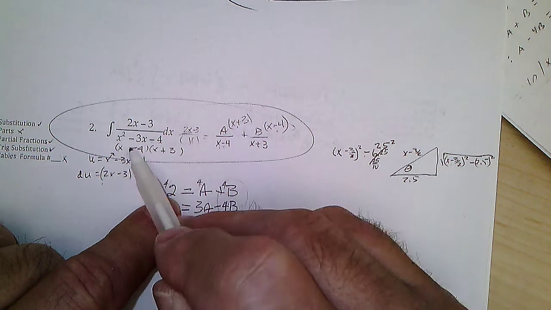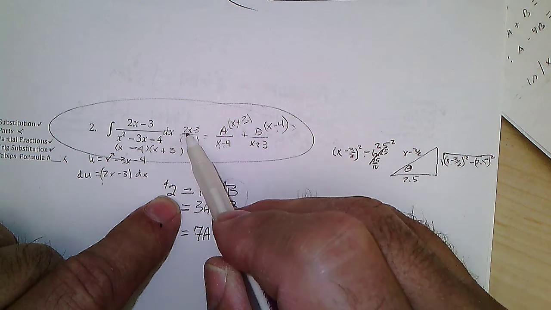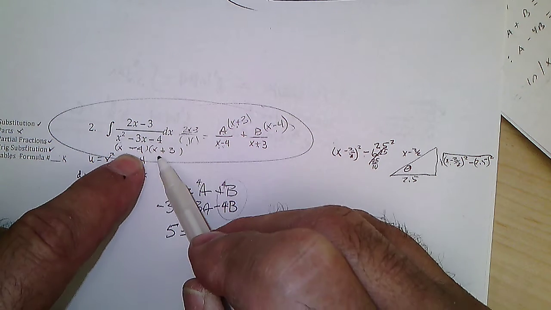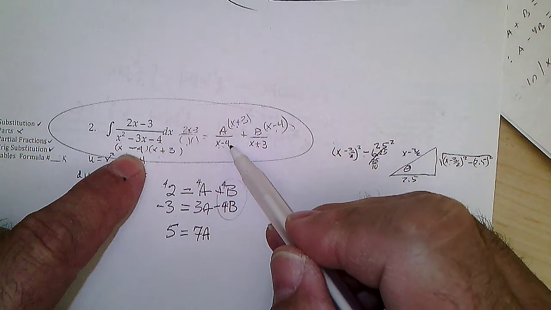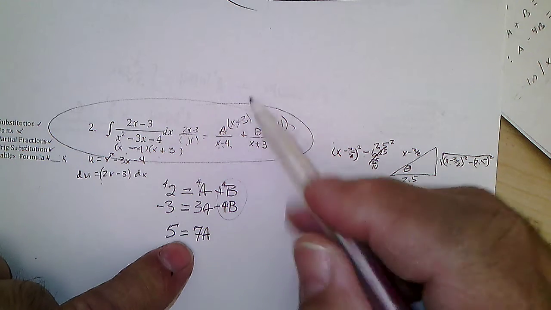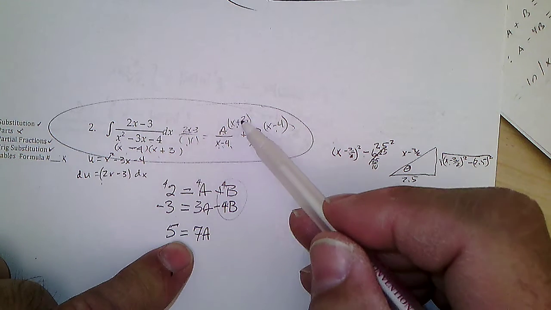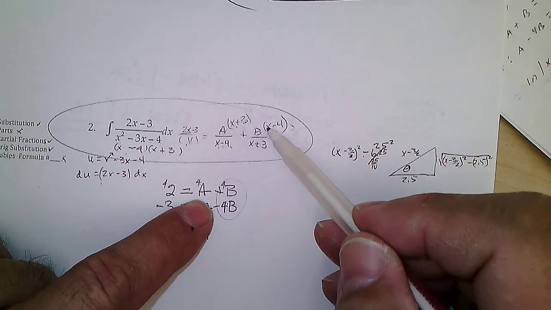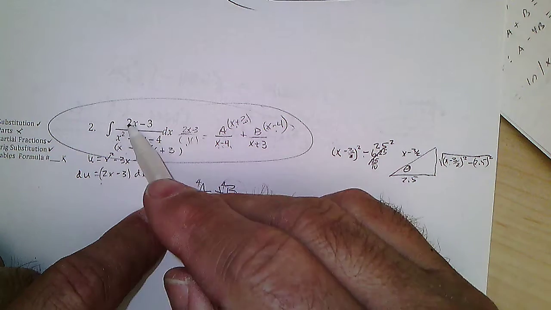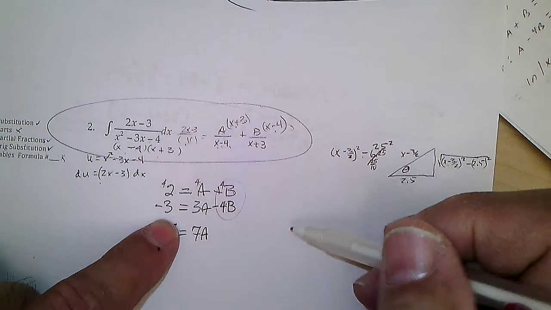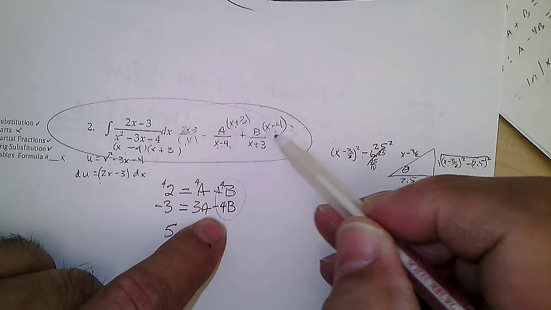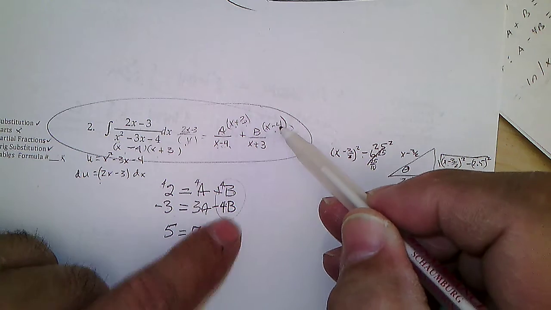2x minus 3 over that denominator, x minus 4, x plus 3. So that's through ax plus bx equals 2x, and minus 3 is equal to 3a minus 4b.